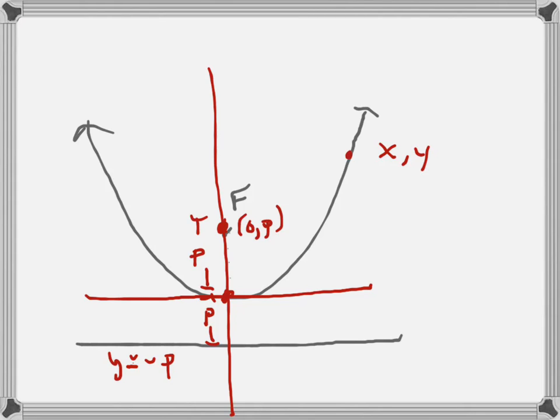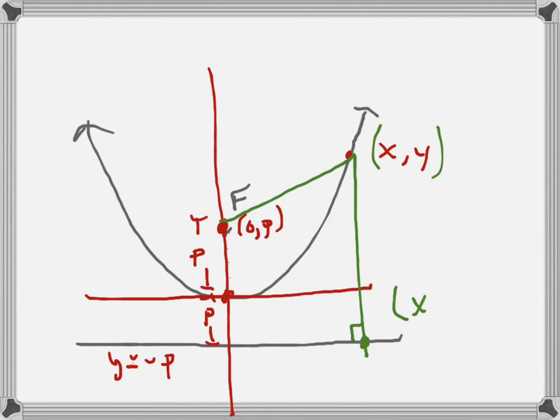So the idea is, if I look at this distance right there, the green distance, it should be equal to this distance right here. So I'm going to call this point xy. This point, the focus, we called 0p. And this point right here, well, what's the coordinate of this point?